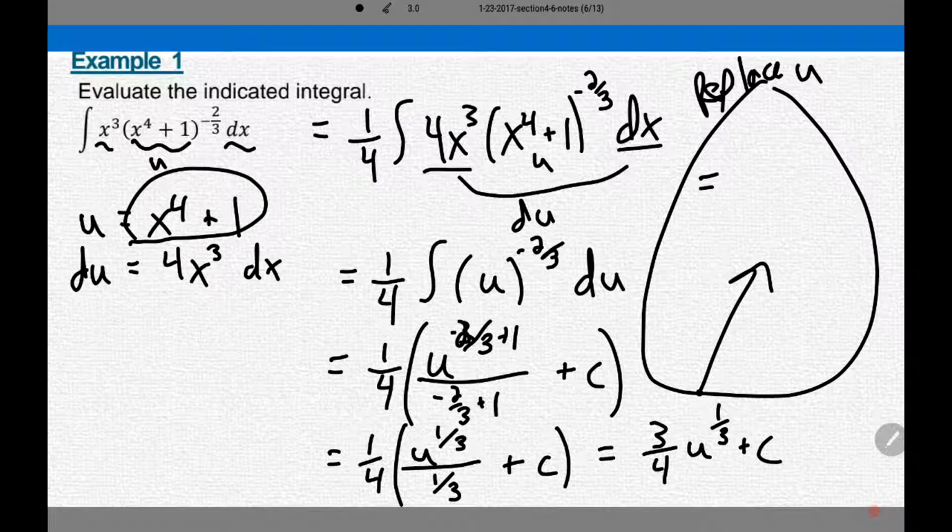So this whole thing is equal to 3/4 times the quantity x to the fourth plus 1 to the 1/3 plus c. And that's my antiderivative. That's my value for my indefinite integral. I'm finished with this problem. We could go ahead and do the chain rule and find the derivative of this, and if you did that, you would see I get my original function underneath my integrand.